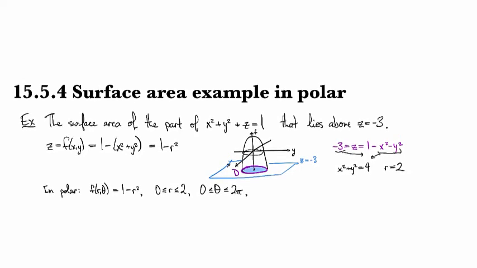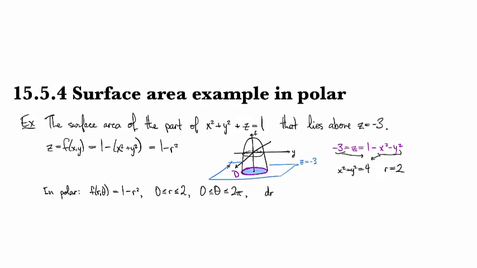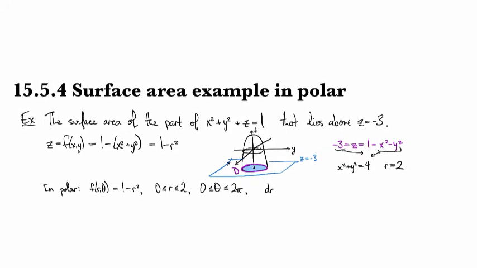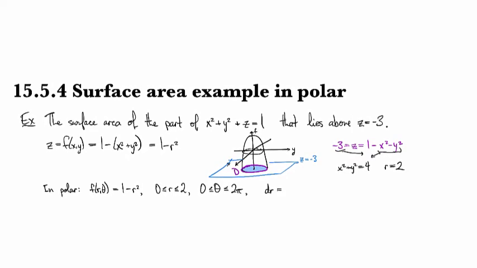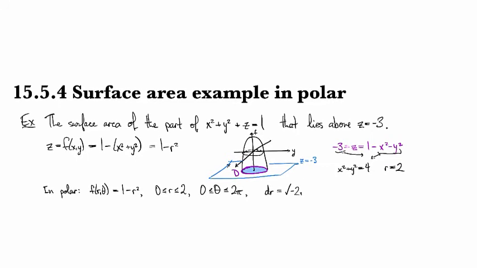And our dr, and this is why I hate that this book calls this r, because this r has nothing to do with the r inside the square root, which is our independent variable for radius.